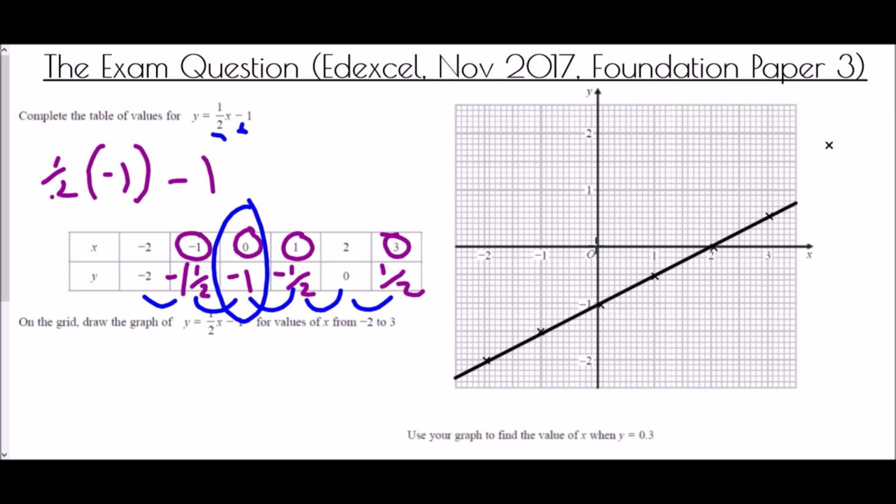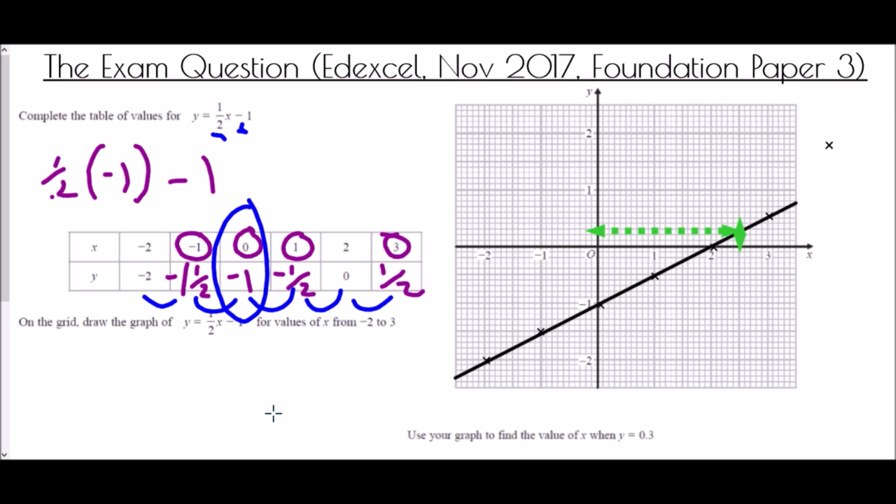That means going up the y-axis until we are at 0.3, which is there. And we're going to draw a line along until we hit the line that we've drawn. That is then read down with a straight line to the x-axis.